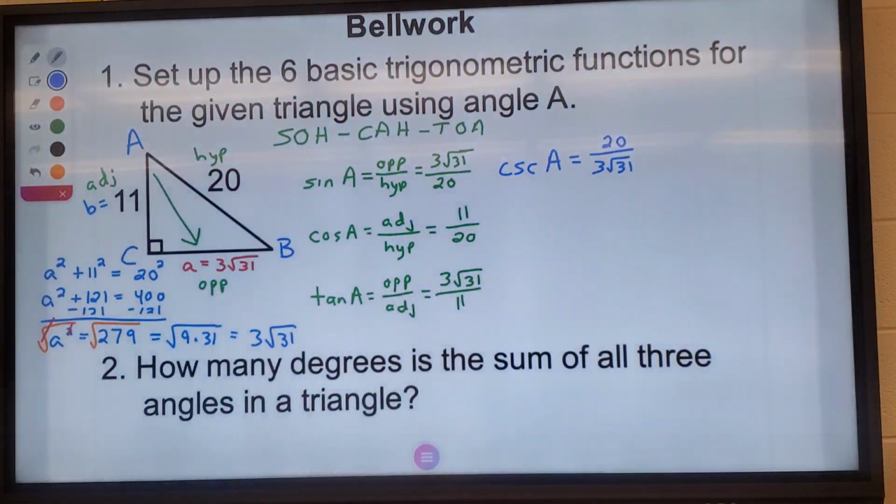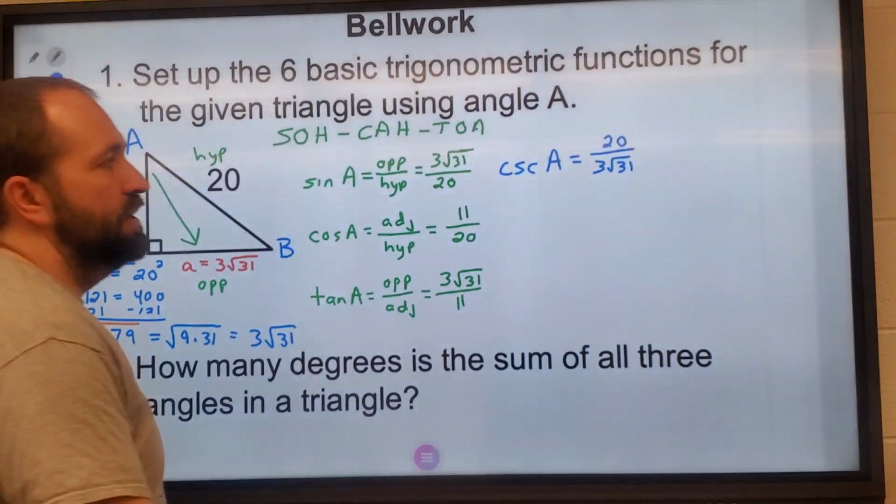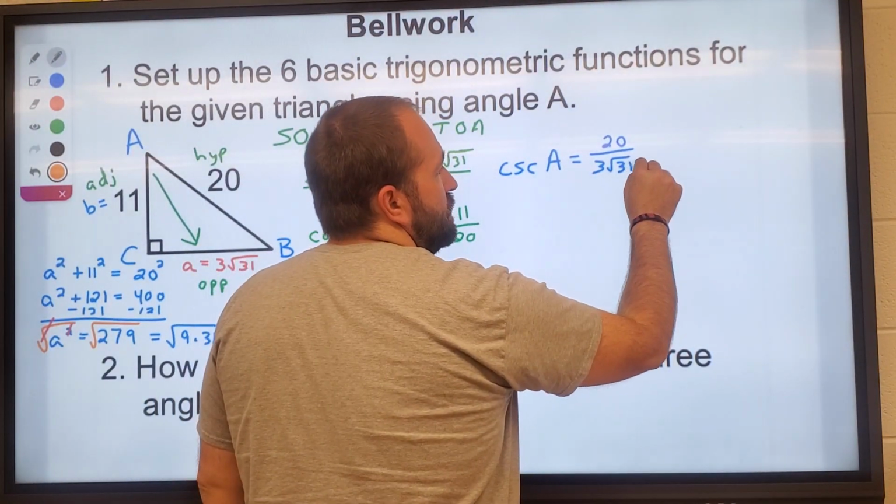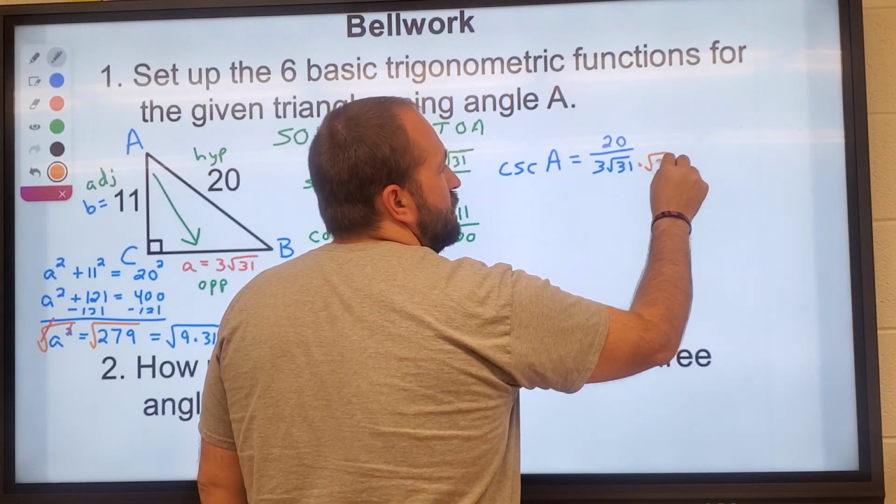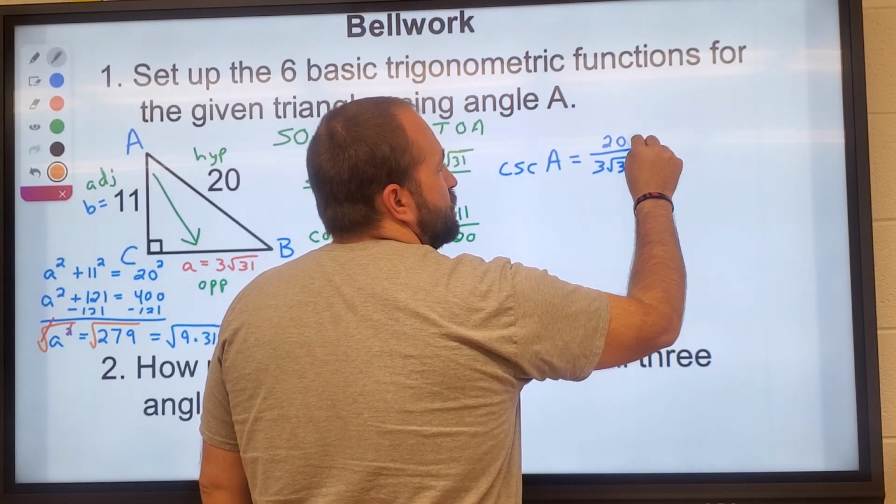Again, we can't simplify that 3 into 20, so I have to go ahead and multiply by the square root of 31 to get rid of that and rationalize. So times the square root of 31, times the square root of 31.